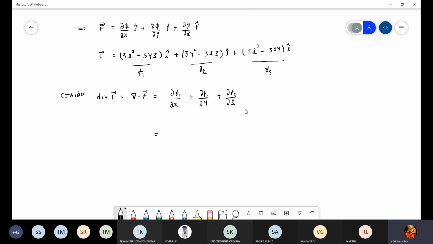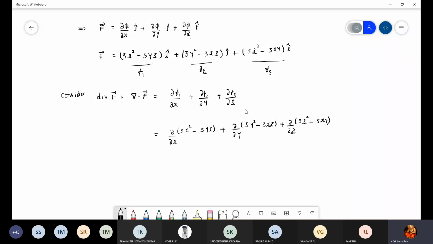So that is equal to dou by dou x of f1, I will substitute 3x square minus 3yz, plus dou by dou y of f2, 3y square minus 3xz, plus dou by dou z of f3, 3z square minus 3xy.